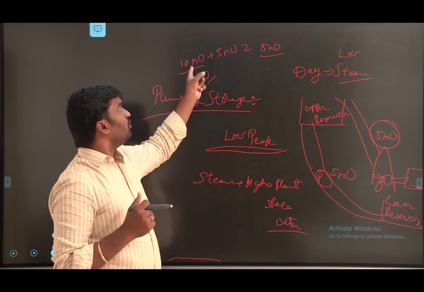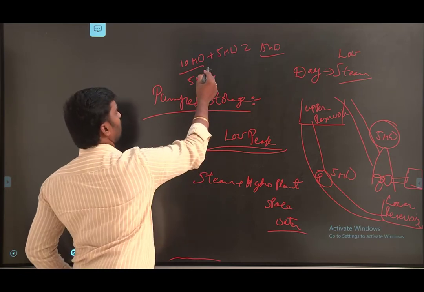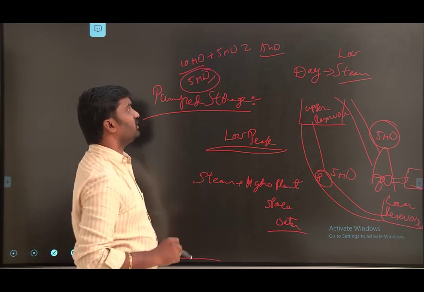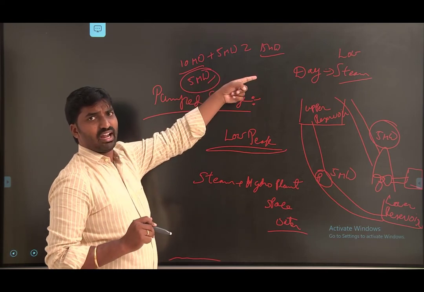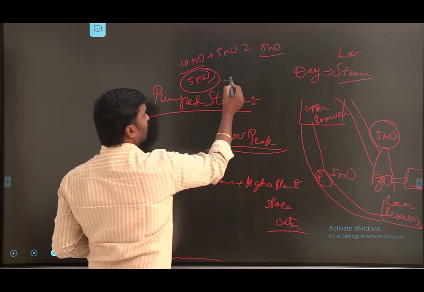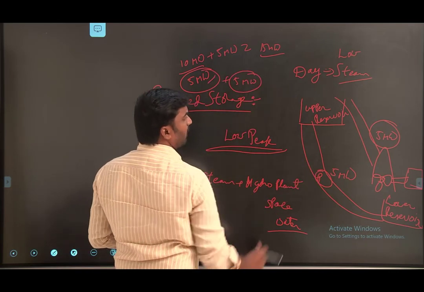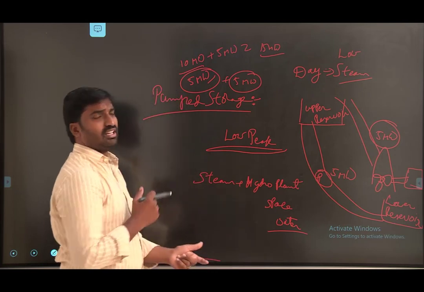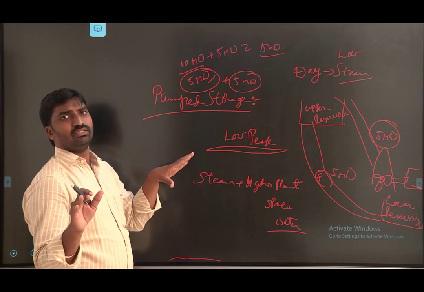In the daytime we require only 5 megawatts, which is produced by the steam power plant. The additional 5 megawatts we consume for running the pump to pump back the water, so the 10 megawatts is consumed completely.